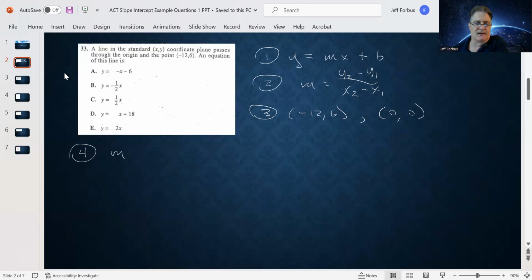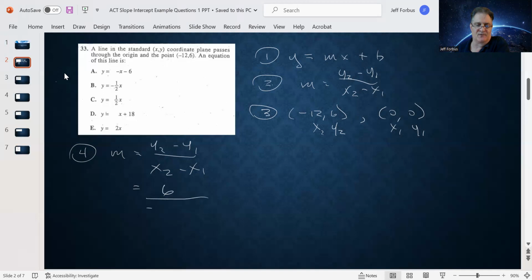So that's just going to be m is equal to y sub 2 minus y sub 1, over x sub 2 minus x sub 1. In this case, we can make this x sub 2, y sub 2, x sub 1, y sub 1. I just chose them to be that at random. Y sub 2 is, sorry, y sub 2 is a 6.